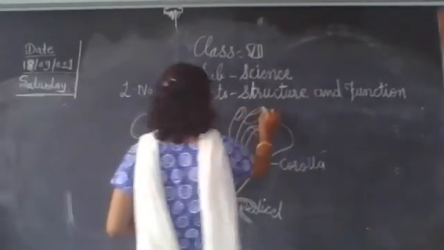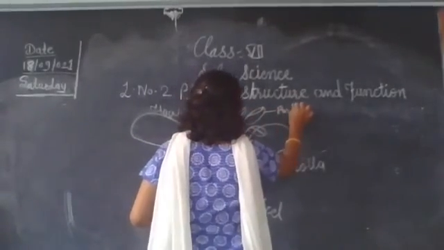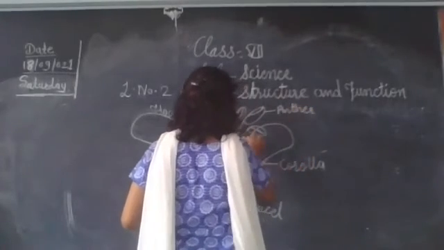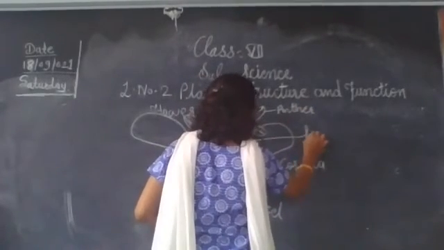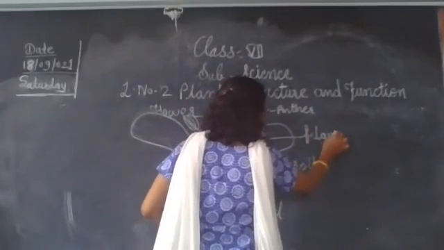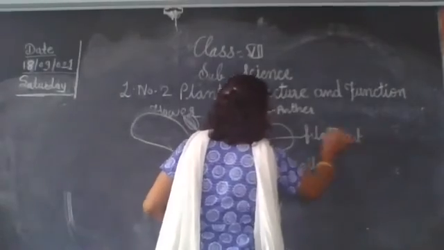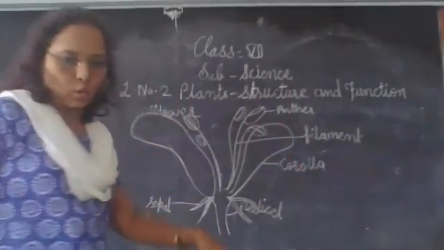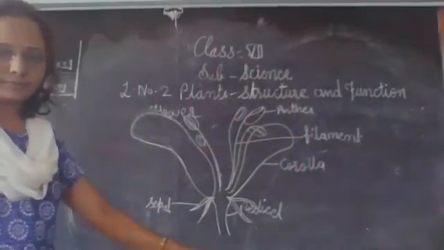That is the anther and its filament, and the complete structure is called a stamen.